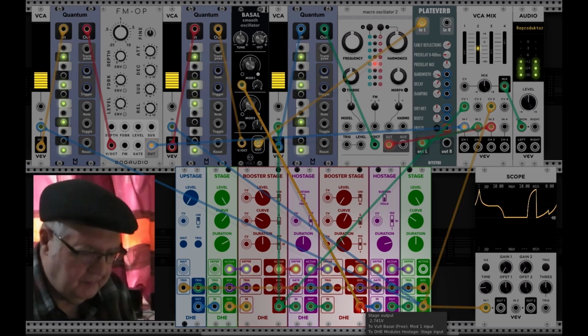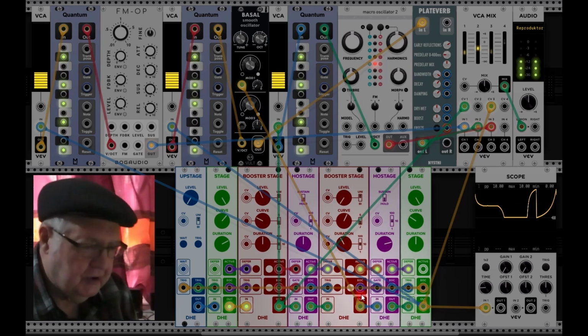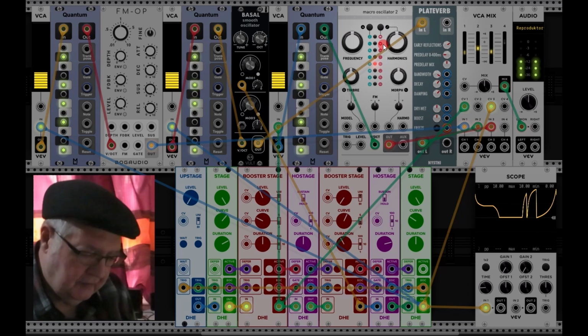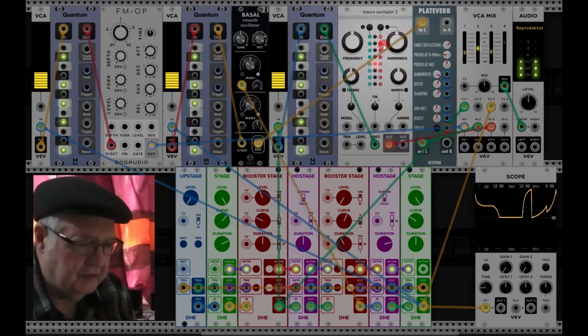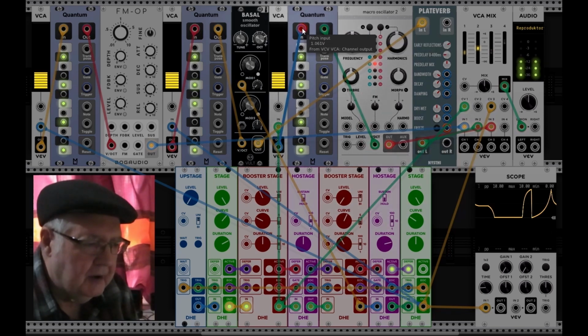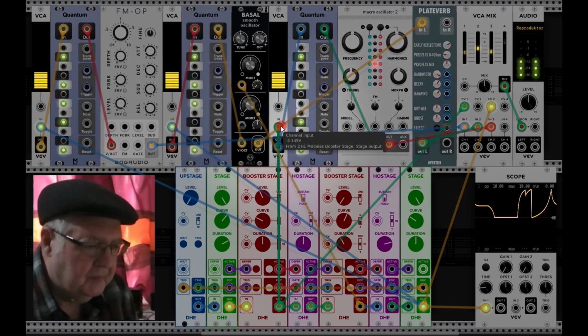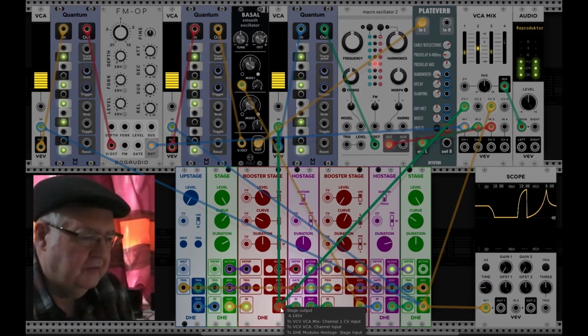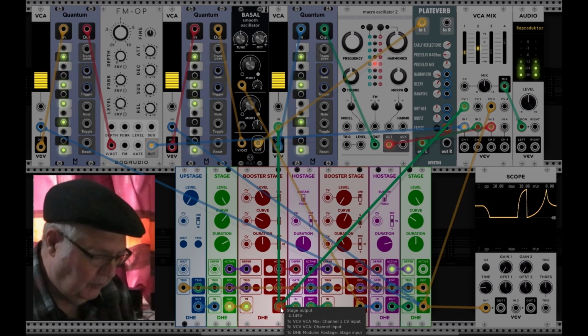The pitch modulation of voice 3, the macro oscillator, has a different source. It's the output of the left booster stage module. So let's have a look. Quantizer, attenuator, and the input comes here from the output of the left booster stage module.